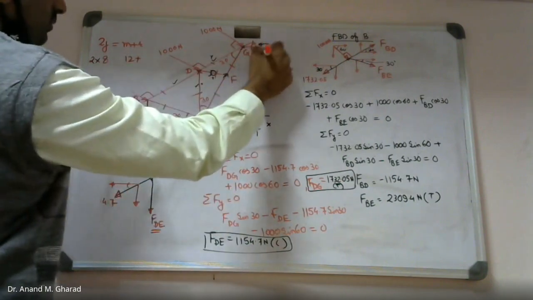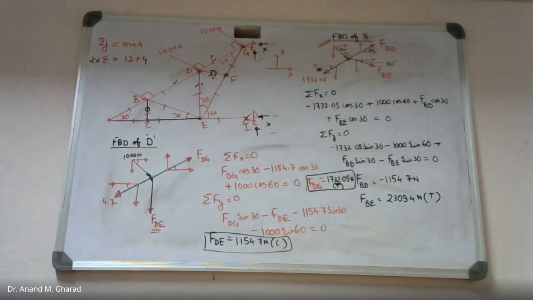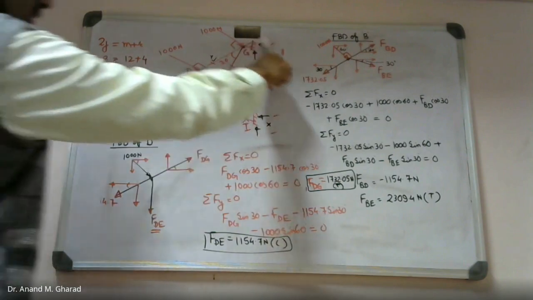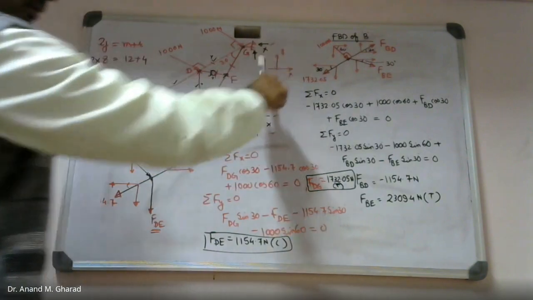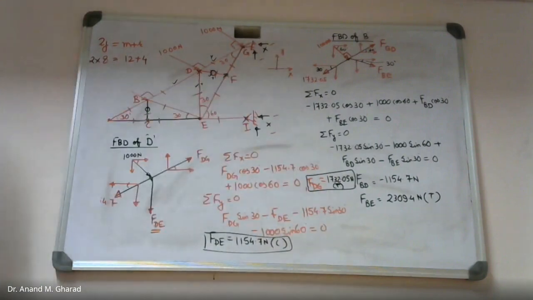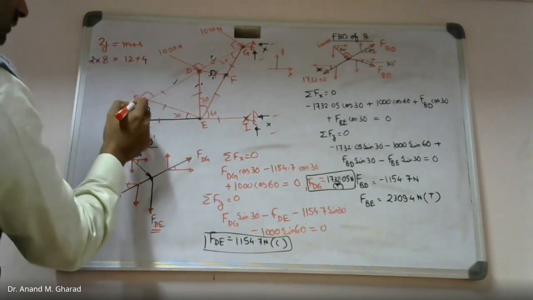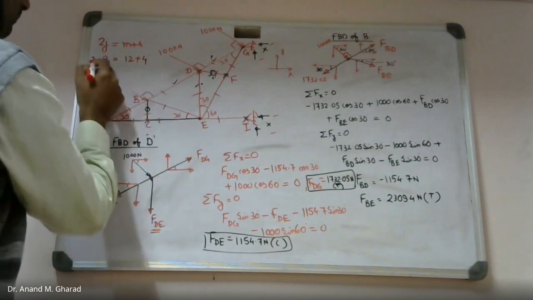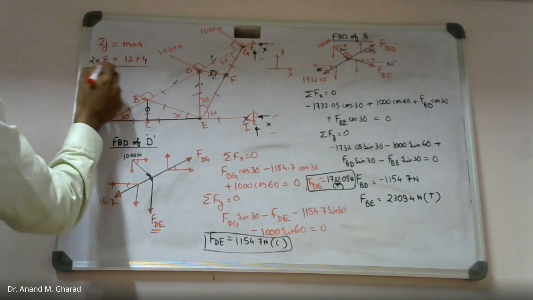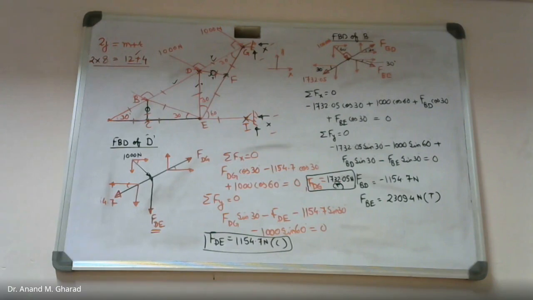That is 1, 2, 3, 4. It is getting satisfied. Although externally it is not determinate, and we are not in a position to identify the reaction forces, we can identify the internal forces in the members based on this equation. So it is matching, isn't it? 16 equal to 12 plus 4, 16. Therefore, we can find out the member forces.